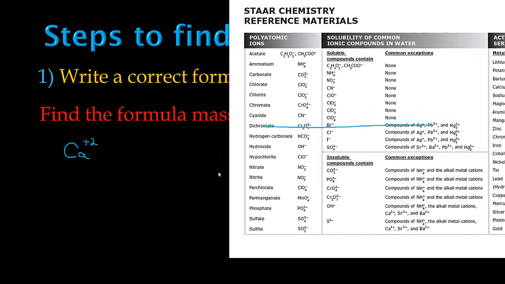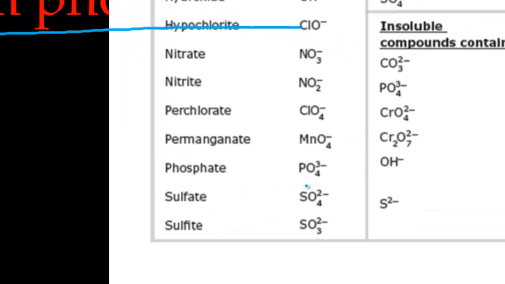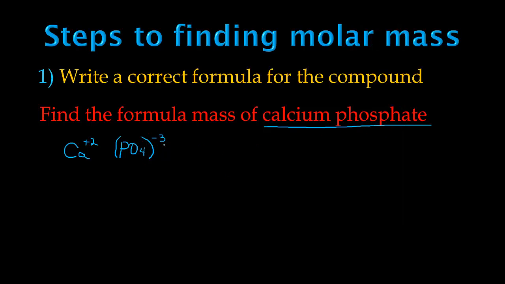Now let's look at phosphate. Phosphate is right here, PO4 with a -3 charge. I'm going to put this in parentheses because it's easier to do that later. Now, how we find out what our chemical compound is, we do our crisscross. This is a review from last unit.